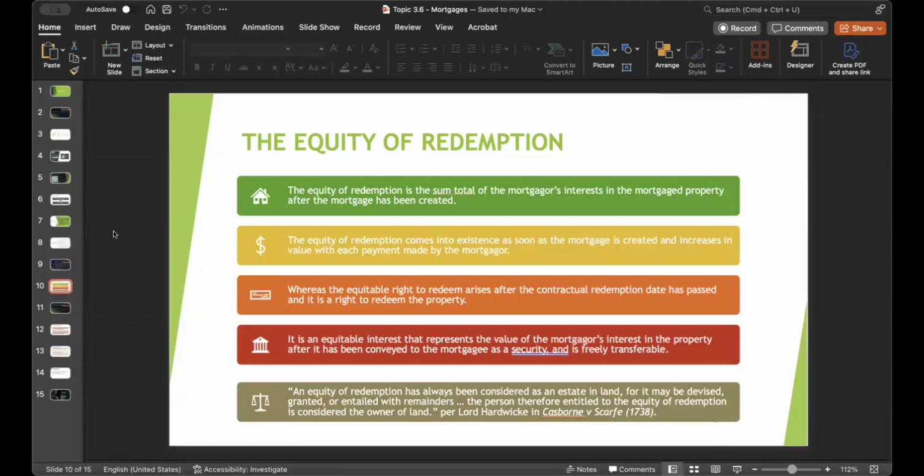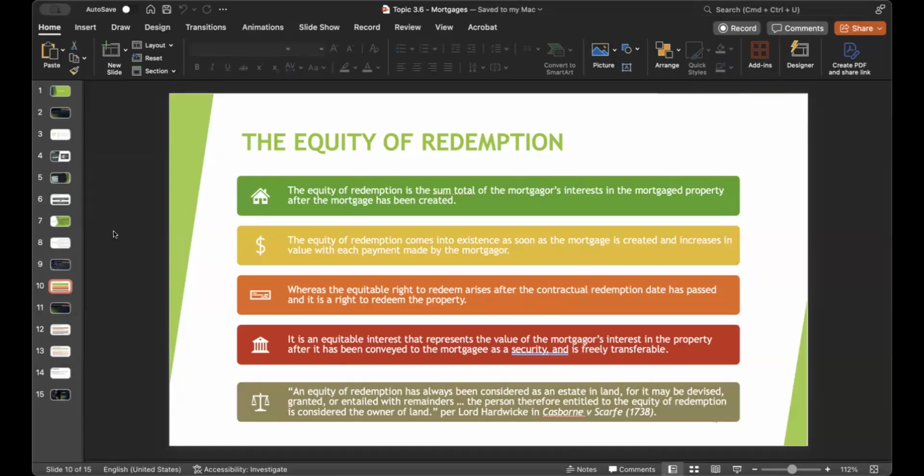Well, as it said, the equity of redemption is an estate in land. So the estate is really the interest in the land, right? So you could devise it, you could grant it, and it could be used as a remainder. I hope you all understand that. As I was saying previously, once you are the mortgagor of the property, you hold the interest in the asset, right?